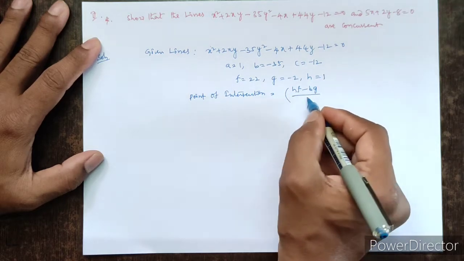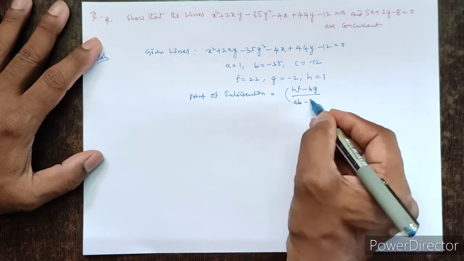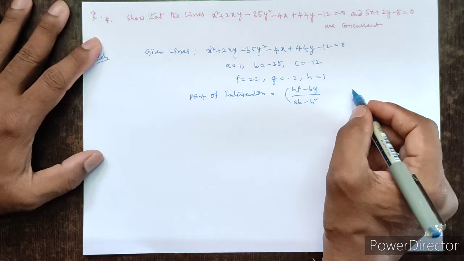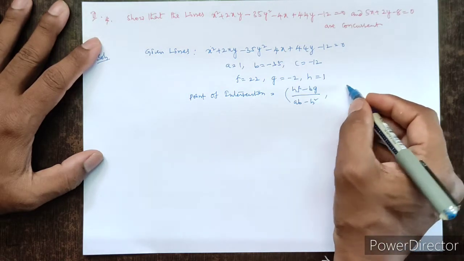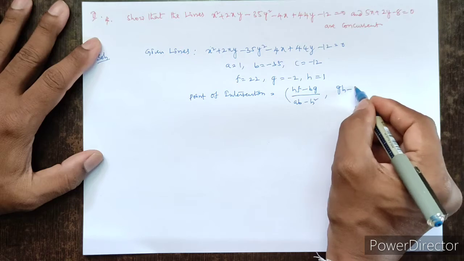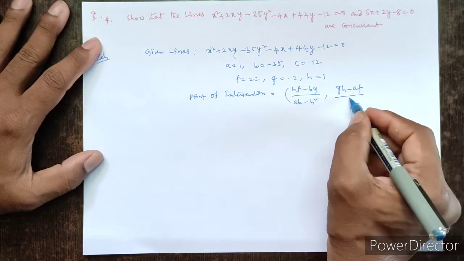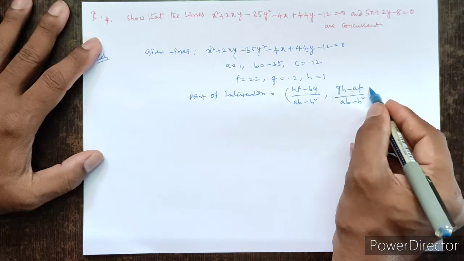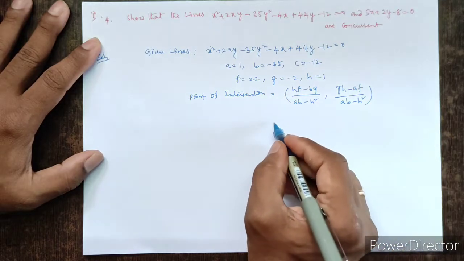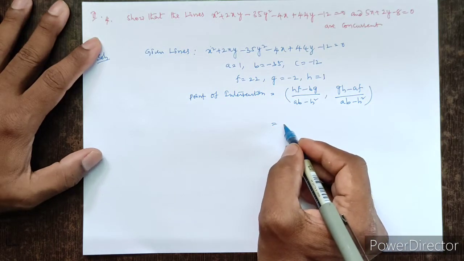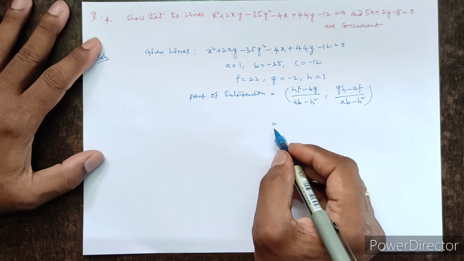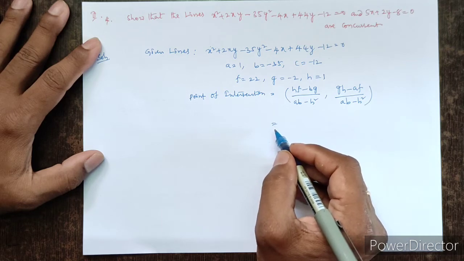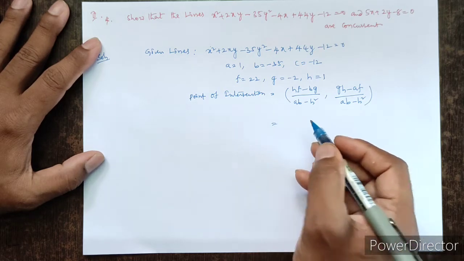You should remember this formula. It is most important to do problems. And GH minus AF by AB minus H square. Already we have derived this point of intersection theorem also. We have proved this one.